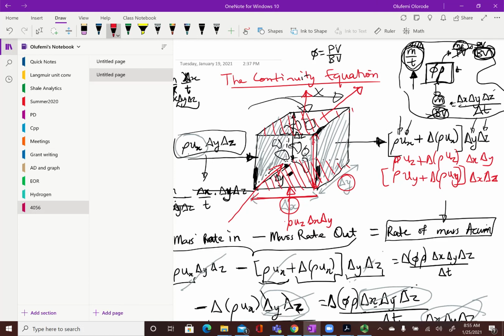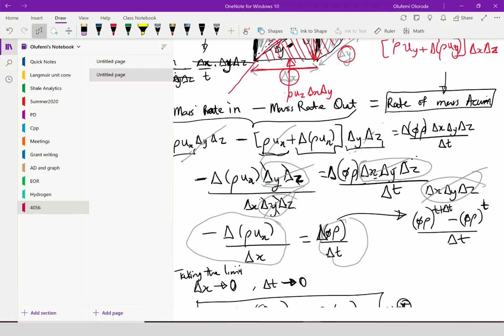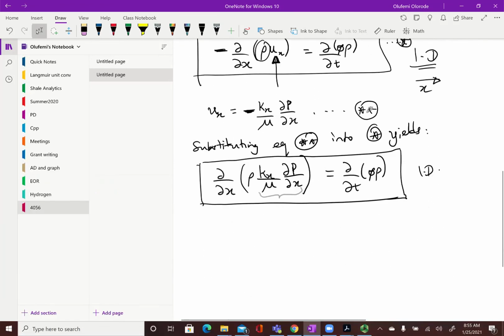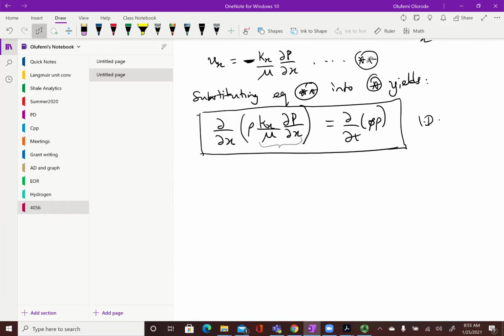And when you do that, you will end up with pretty much similar equation but repeated. So this will become, the X direction remains the same. We only add in the Y and Z directions. So the P dx, same as this, plus what you would have gotten for the Y direction.